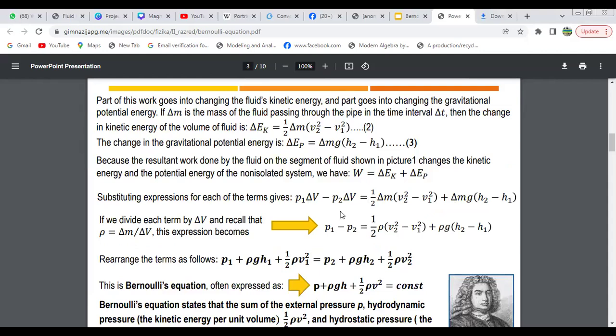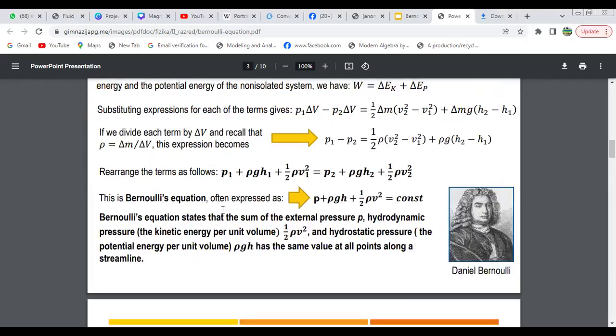Now if we divide each term by del V, and rho equals del m by del V, this is the density. The definition of density we discussed in our previous slide: mass per unit volume is called density. So P1 minus P2 equals this, taking del V common. Now rearranging, P1 plus rho g h1 plus half rho V1 squared equals the same expression at point 2. That means total energy before equals total energy after.